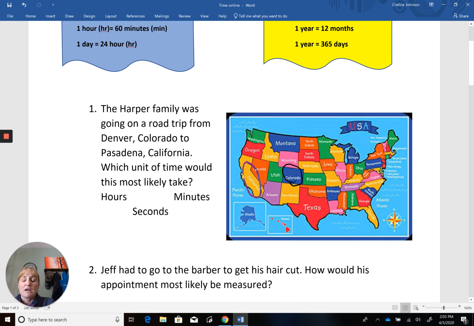So what unit of time would this most likely take you? So if you're taking a road trip in the car and you're driving from Colorado to California somewhere, is it going to take you hours, minutes, or seconds? I'll let you think about that one.